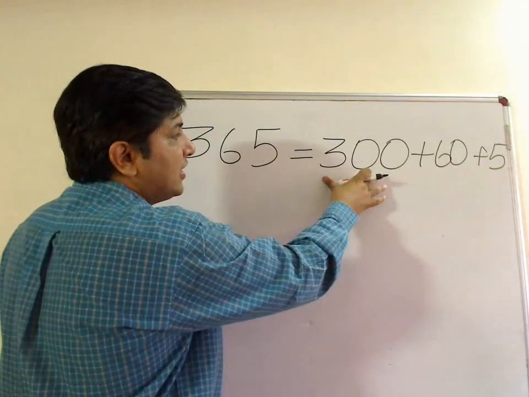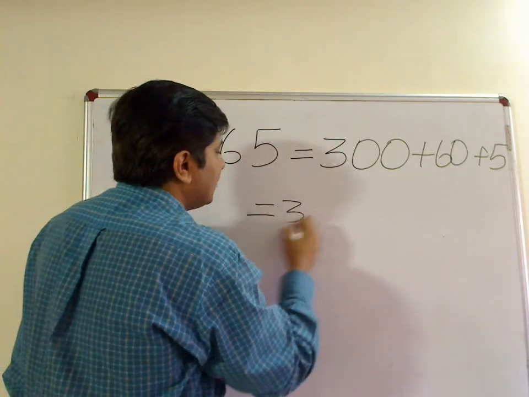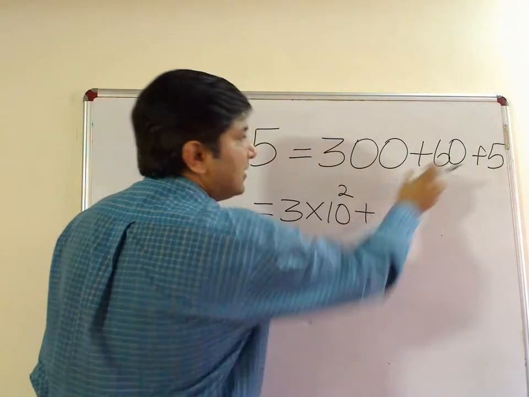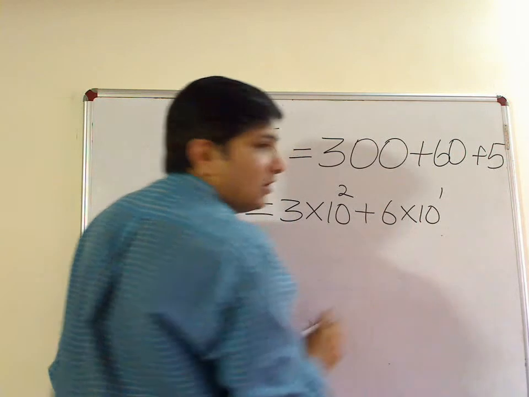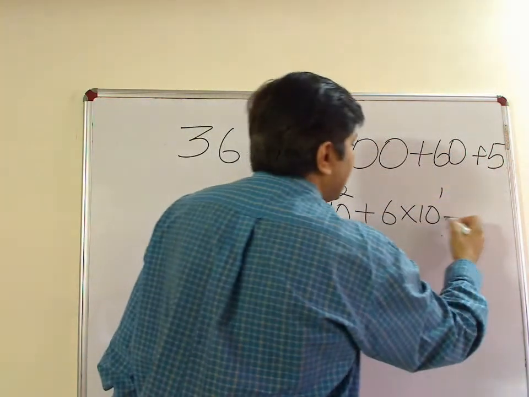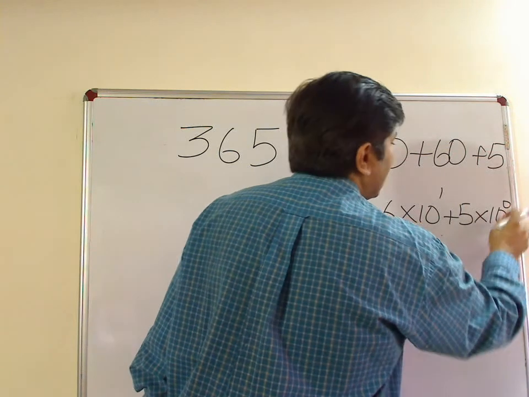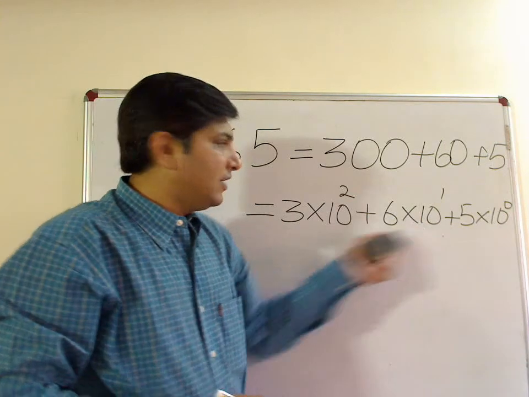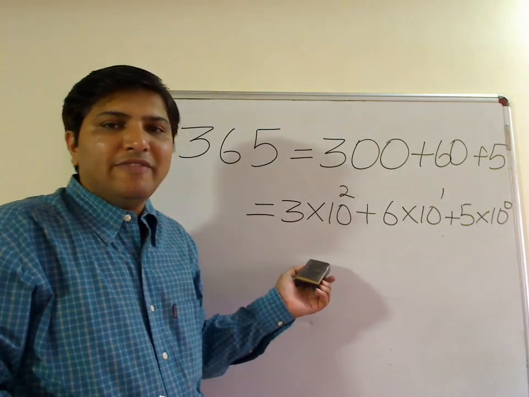Okay, 365. 300 can be written as 3 into 10 squared plus 60 can be written as 6 into 10 power 1, and 5 can be written as 5 into 10 power 0. 10 power 0 is 1. 1 into 5 would give you 5. This is the scientific form of writing a number, and this gives you the value of the number.